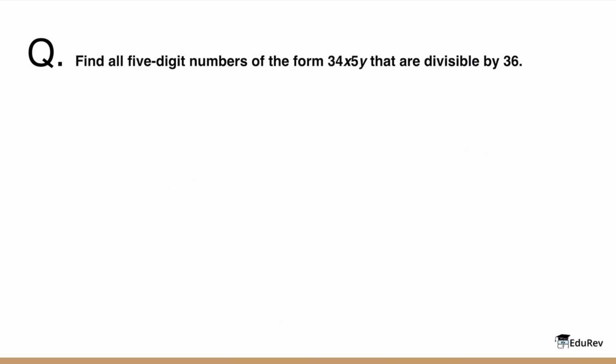The question says, I'm going to read this again: find all the 5-digit numbers of the form 34x5y that are divisible by 36. So 36 is a product of what? 36 is the product of 4 and 9. Now, it's not 34 times x times y, it's actually 34x5y, a number.